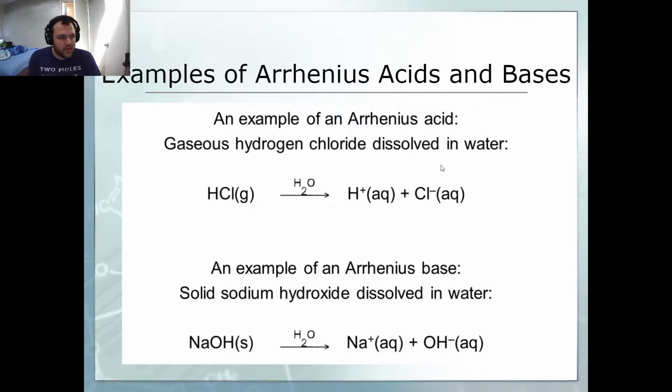Okay, so that's for an Arrhenius acid. An Arrhenius base, generally it's just going to be some kind of metal cation bonded with an OH. Right, so these two, they're real easy to tell apart. If it's got an H in it bonded with a nonmetal, probably an acid. If it's got a metal bonded with an OH, probably a base. Right? You can see here it splits apart into that metal cation and the OH- anion.